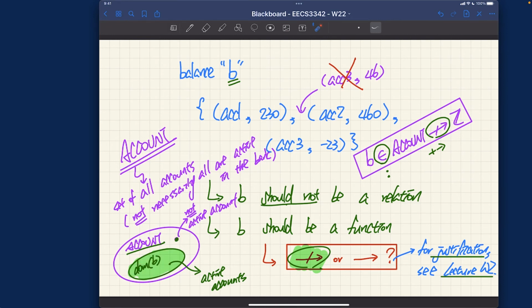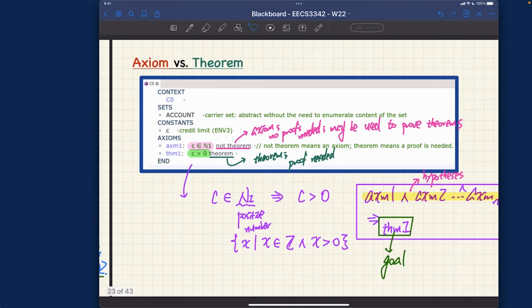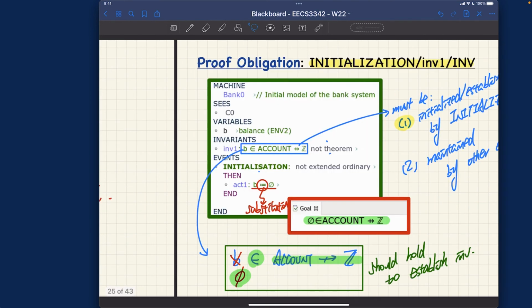So really refer to this particular diagram. I will do you a favor and copy this. I think it'll be very useful for you to review this diagram over here. That's really the essence of that particular proof obligation. Okay, let me go to this particular part over here.